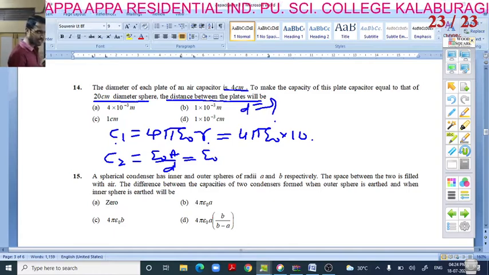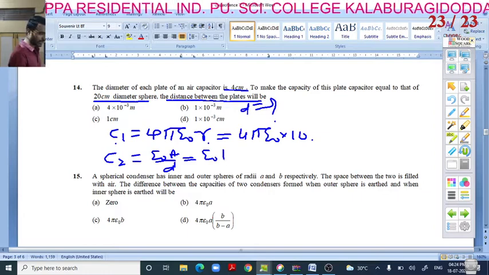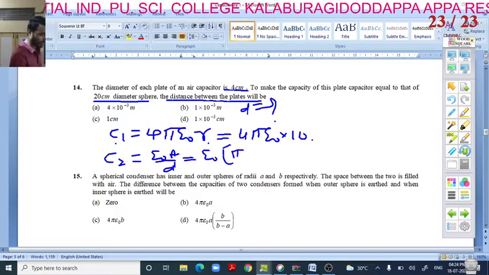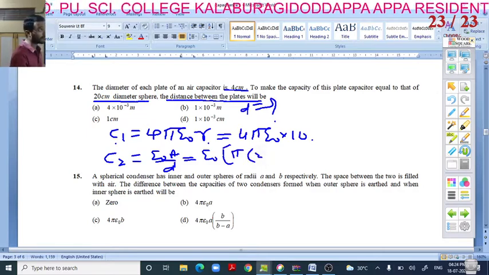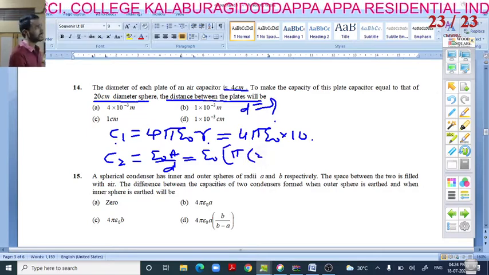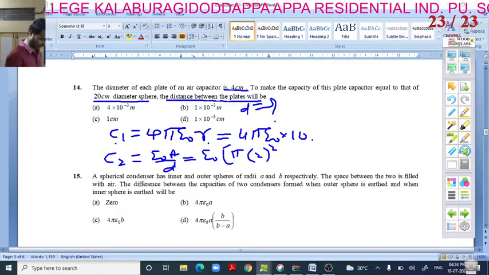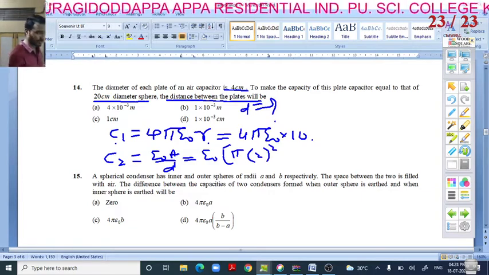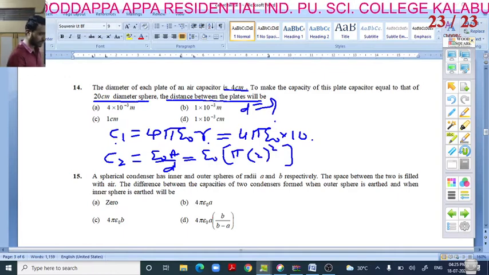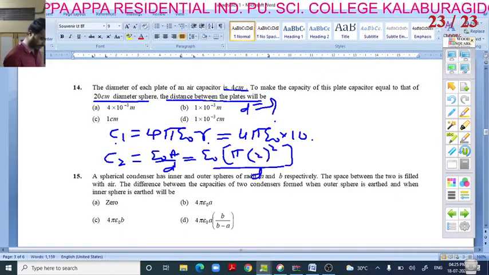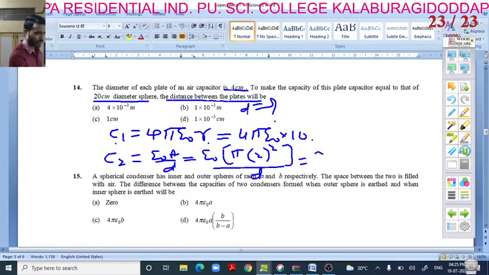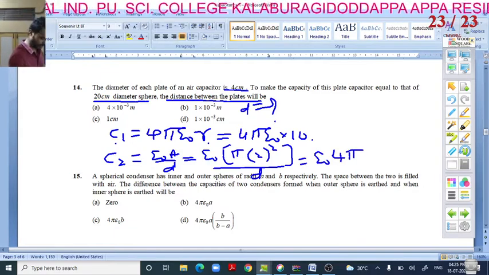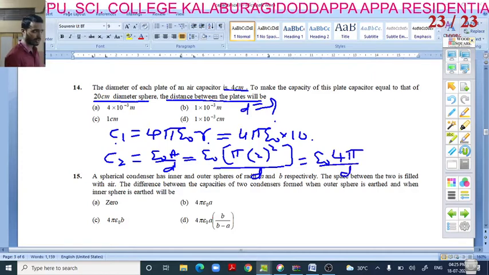Diameter he has given, so I can write the radius: 4 centimeter diameter, so 2 square. You will come to know why I am writing like this. Divided by d, so that is equal to epsilon 4 pi divided by d.